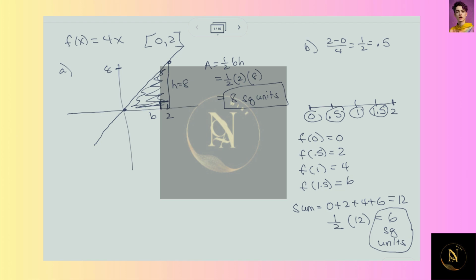Now in C, I want to do part B, but I want to use 8 intervals. So that's going to be 2 minus 0 over 8. So now my intervals are 0.25 in length. So if I start at 0, then I want to go by 0.25.